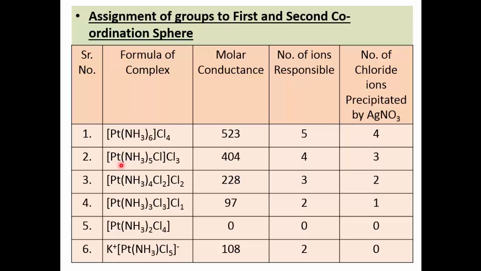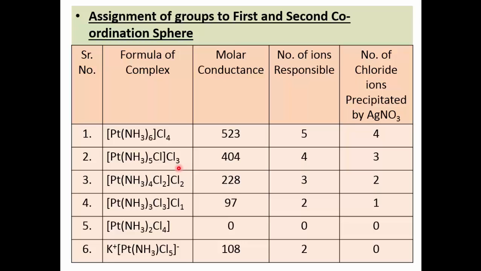So to this platinum, 5 ammonia and 1 chloride ion are attached. On the square bracket there is +3 charge. How? +4, 0, -1, it becomes +3. This cation is present. Outside the square bracket 3 chloride ions are present, 3 anions.